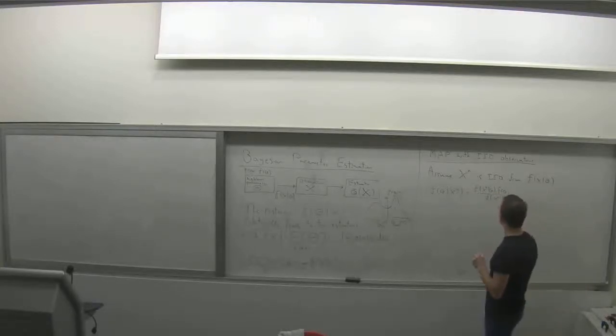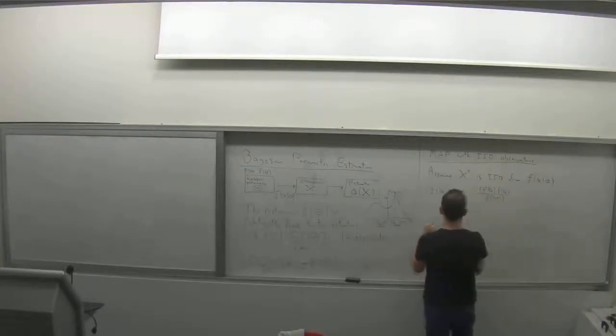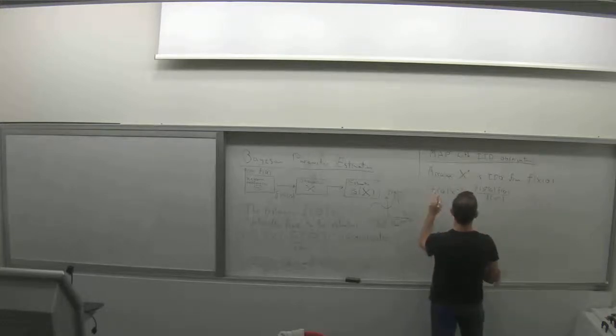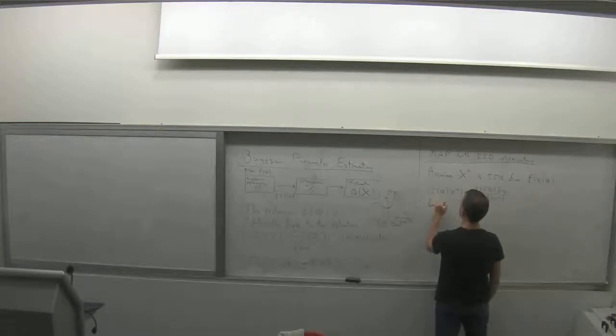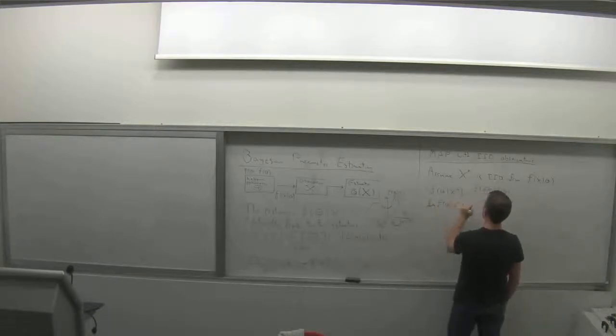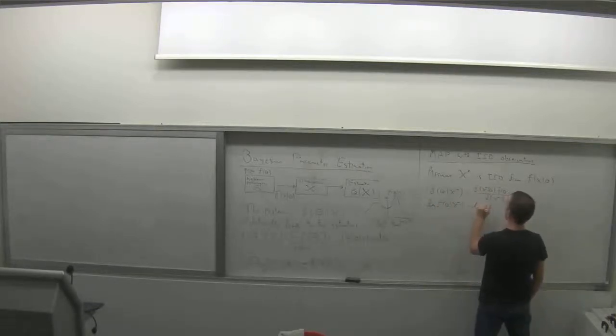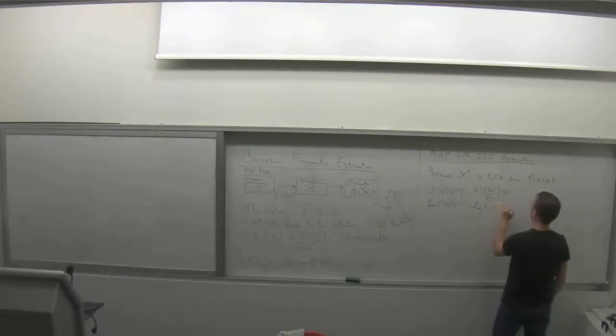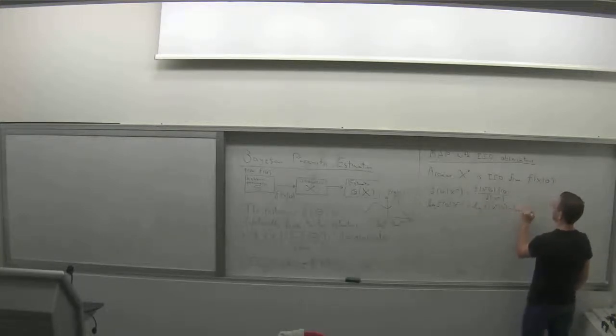And then we usually like taking the log here. So log of f of theta given x_n is log of f of x_n given theta plus log of f of theta minus log of f of x_n.